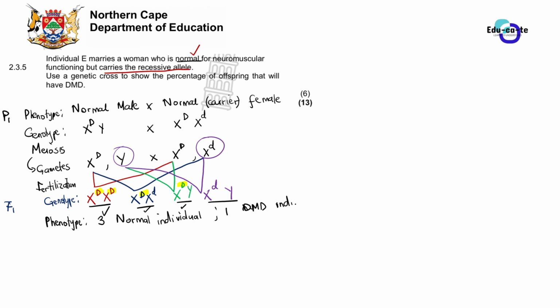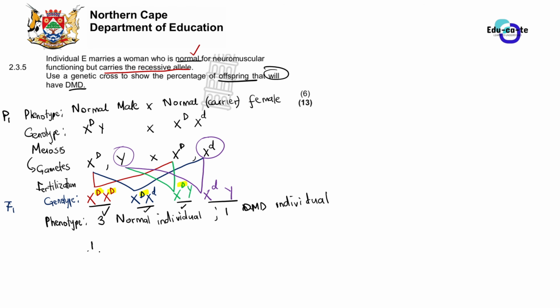We are not looking at their genders. If the question says how many females, you look at the females. If it says how many males, you look at the males only. But in this case, it just says show the percentage of the offspring, not really specific on their gender. So they want the percentage of the offspring that will have DMD. In this case, it's only one possibility.